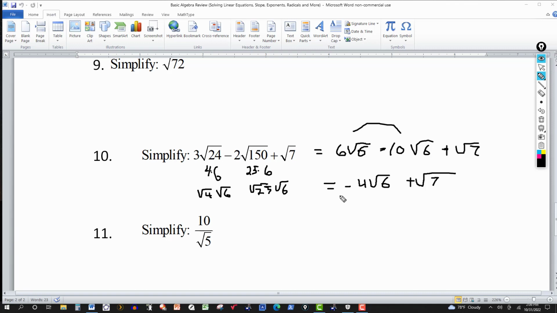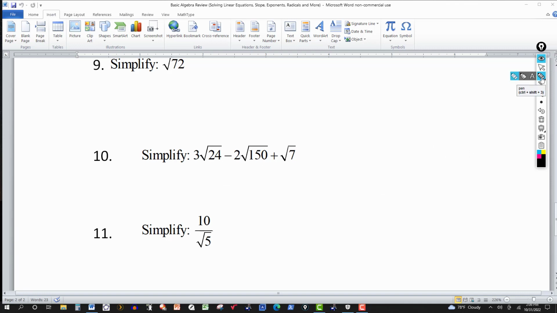That's as far as I can go with this one. This is your answer. If you're dealing with variables, this might be minus 4x plus y. They're different. Same thing here, square root of 6 and square root of 7 are not similar.